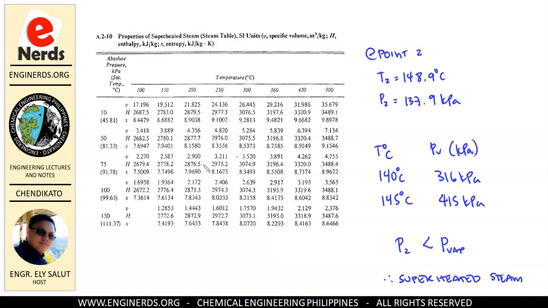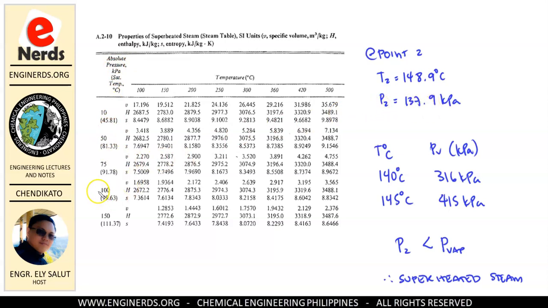Okay, so how are we going to use this? Okay, so kailangan maintindihan natin kung paano natin to gagamitin. So let me be clear about this one. Our given temperature here is 148.9 degrees Celsius and our pressure is 137.9 kilopascal. So, dito sa left side natin, given yung absolute pressure natin in kilopascal. So, our pressure is 137.9.